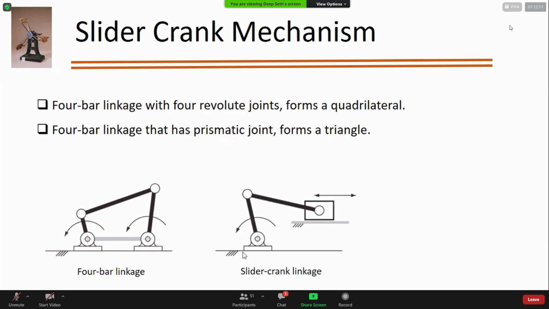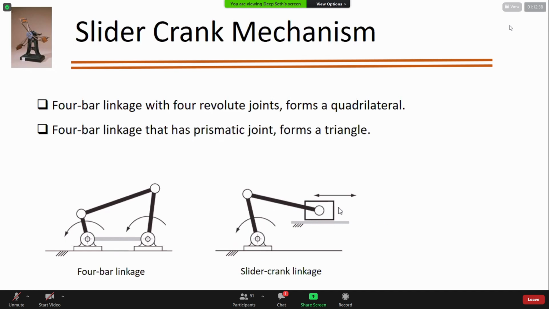But in this, one link you will replace by this sliding link. So here you will have crank rotation, slider crank. Why is it called slider crank? Because you have a crank and one slider as a link. That will give you translation motion, or you call it prismatic motion.